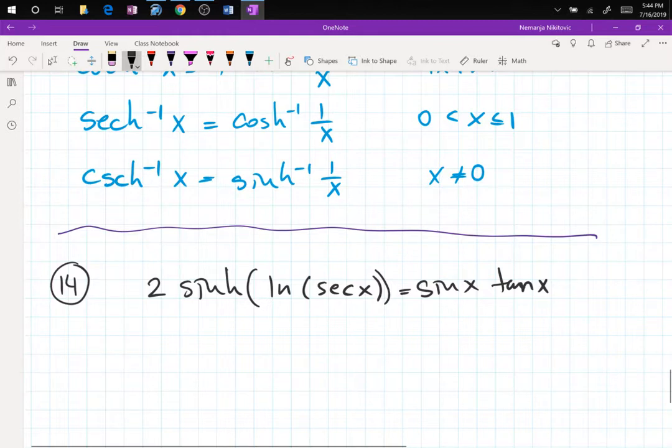That's problem 14. You're supposed to prove that this works. So the argument of sine hyperbolic is ln, whose argument is secant x. So now you have the trig and ln mixed in with hyperbolics all in one pile.